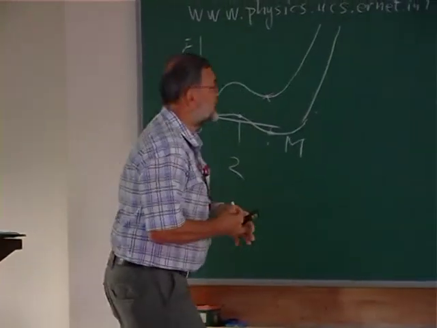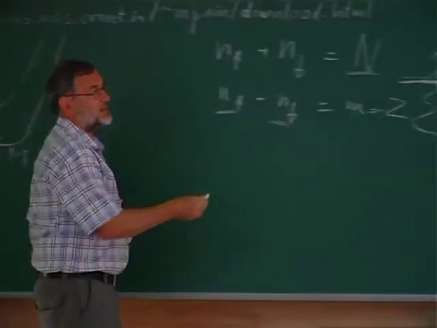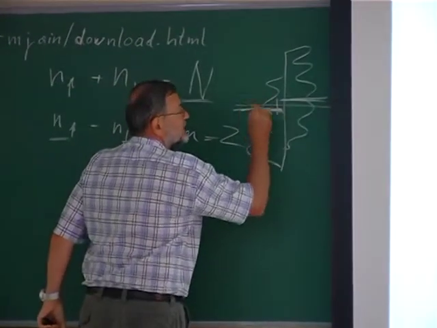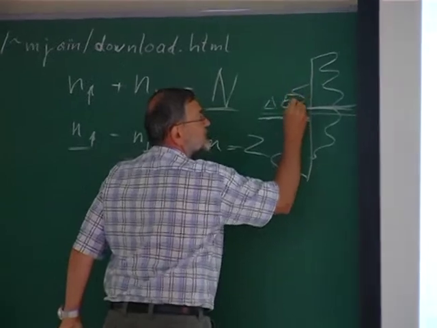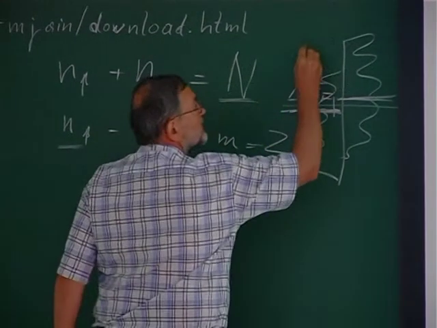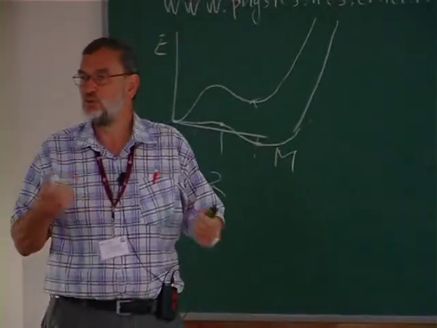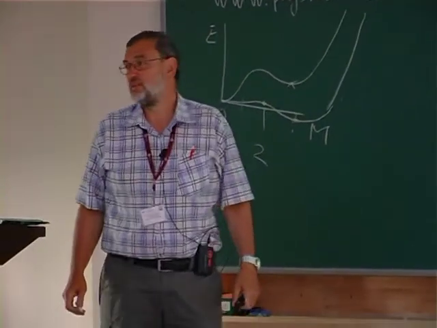So I'm fixing the moment, and then I can interpret this delta EF as my external magnetic field, which would give me a magnetic moment of 2. Okay? It's much easier than really applying a magnetic field to a solid, because this is a very difficult thing.